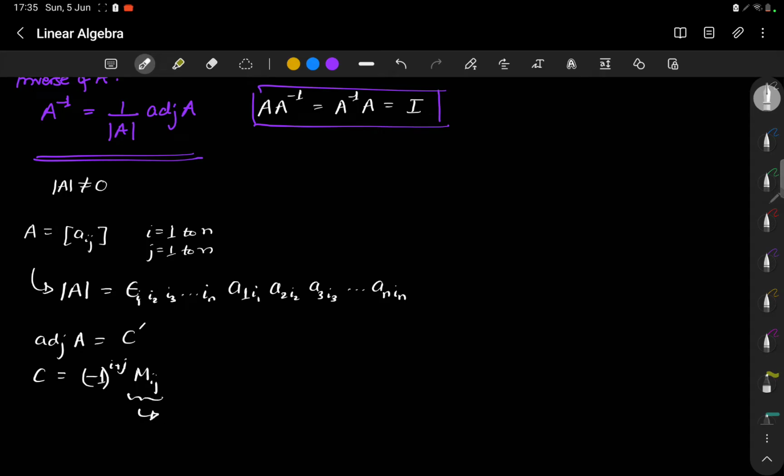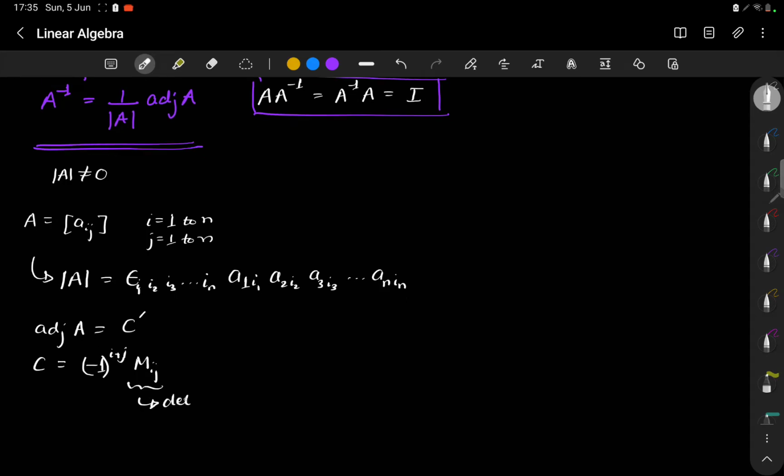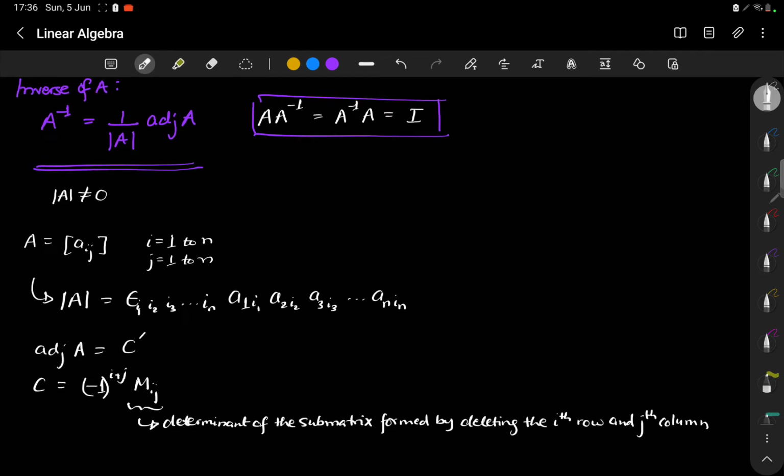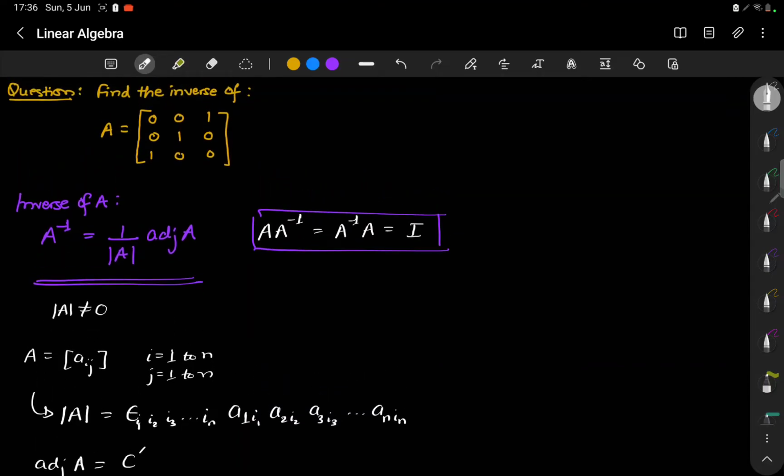So this minor is basically the determinant of the submatrix formed by deleting the ith row and jth column. So these are the definitions used to find the inverse of a matrix.